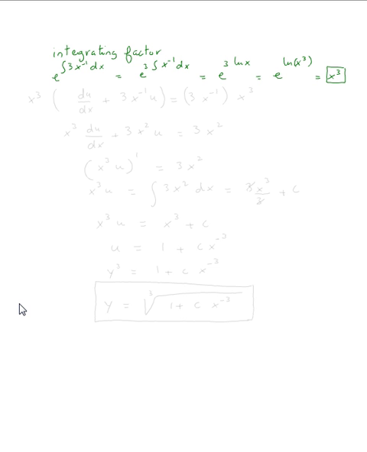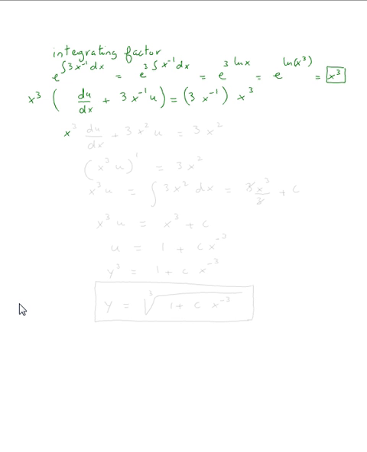Now let me rewrite the equation. This is the equation: du/dx plus 3x^(-1) u equals 3x^(-1). Now I need to multiply both sides of the equation by the integrating factor, so multiply left by x cubed and right by x cubed.